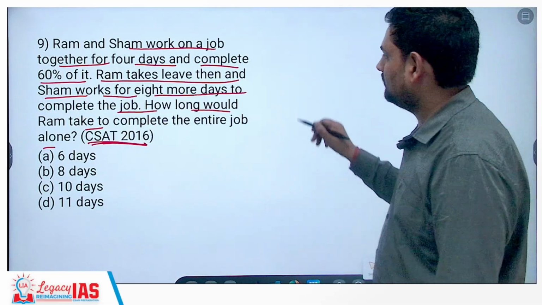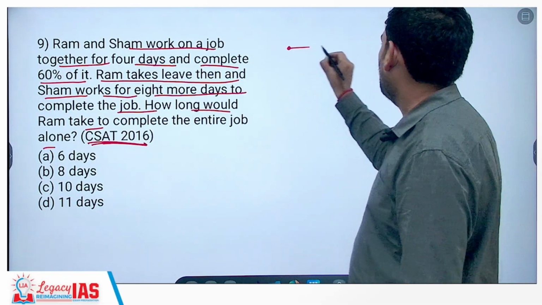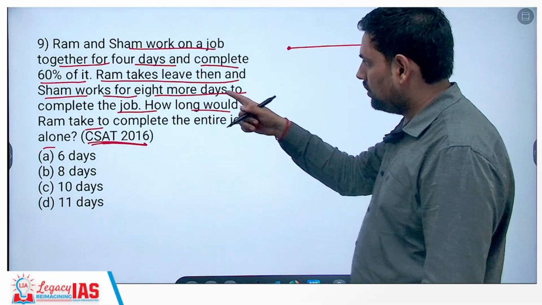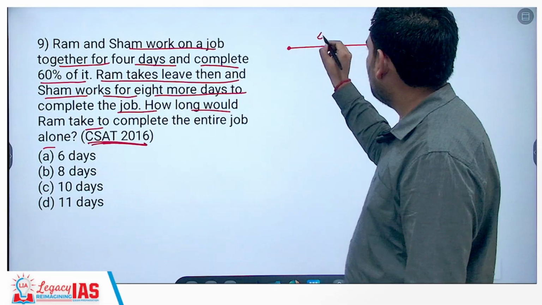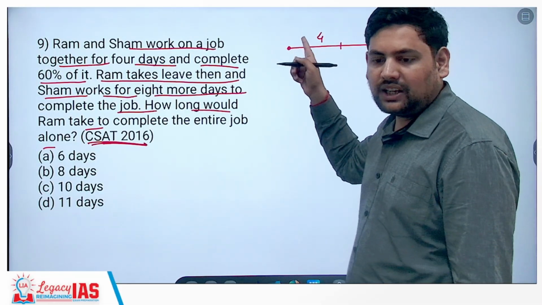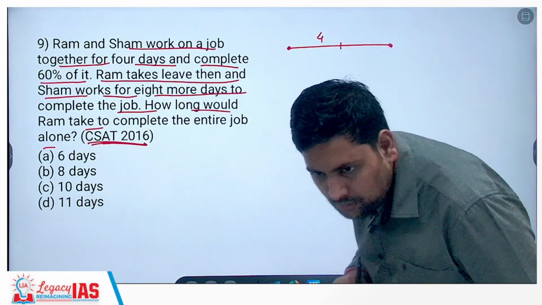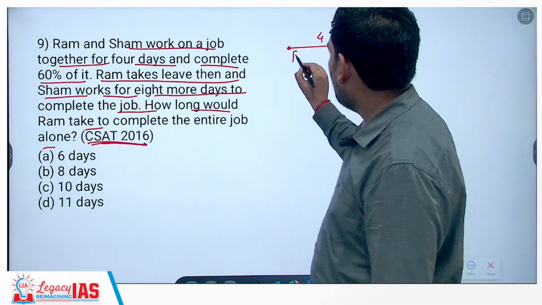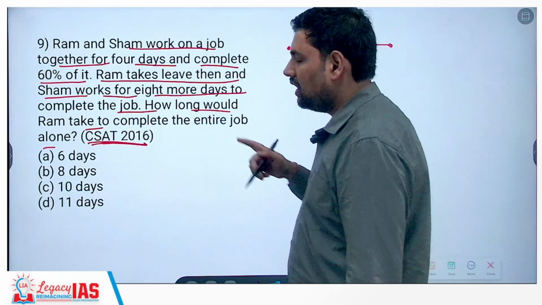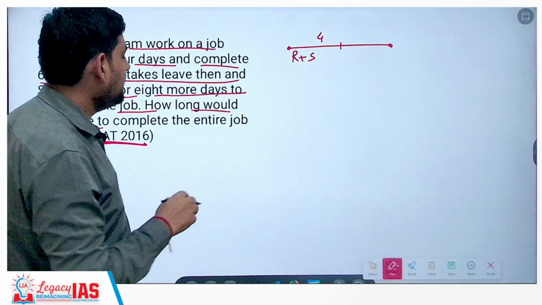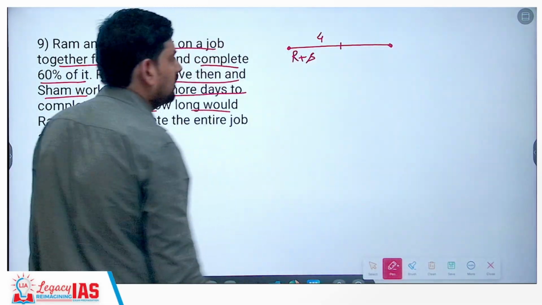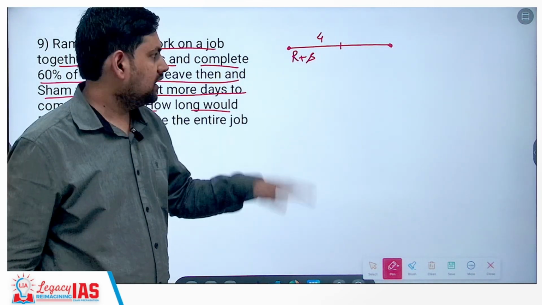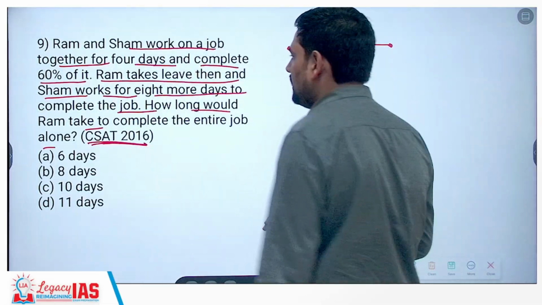Now see, Ram and Sham work on a job together for how many days? Together they work for 4 days. Time I write above, efficiency I write below. So they work together for 4 days. Who? Ram and Sham. I don't know the efficiency of any of them, so I am writing R plus S. Let their efficiencies be R and S. Now what is given?